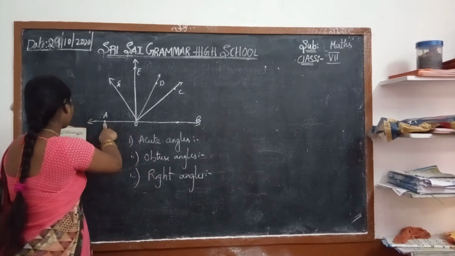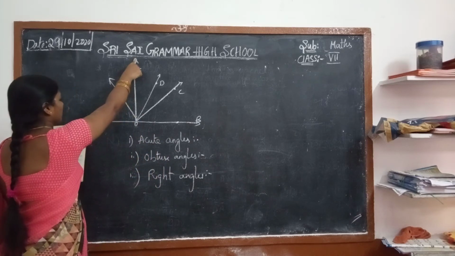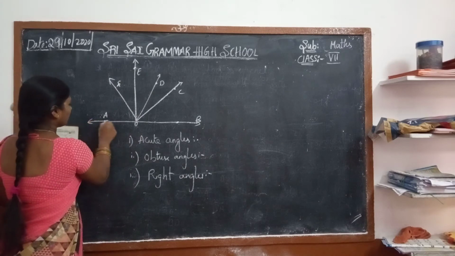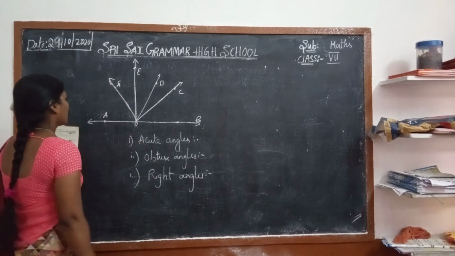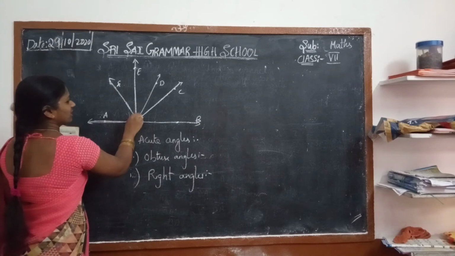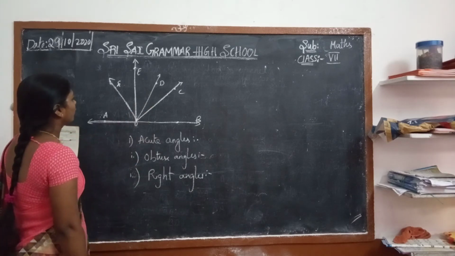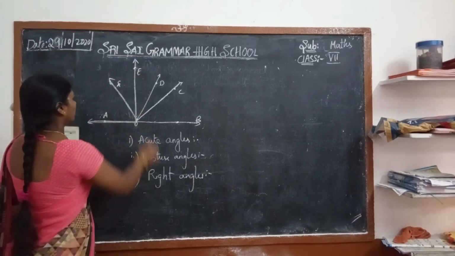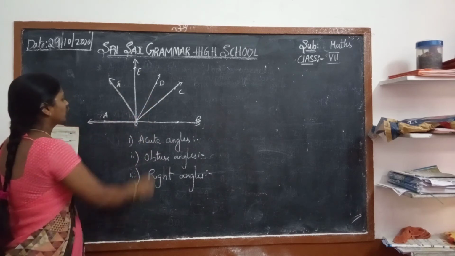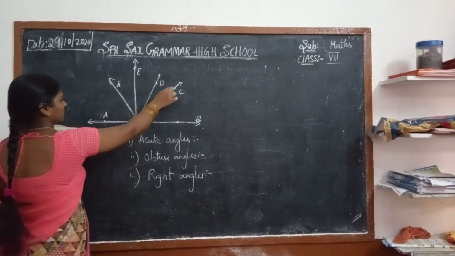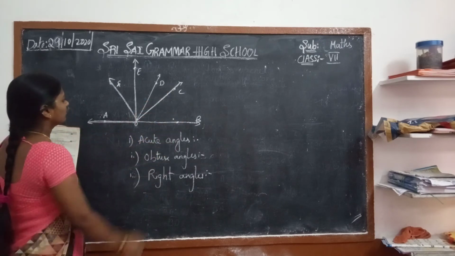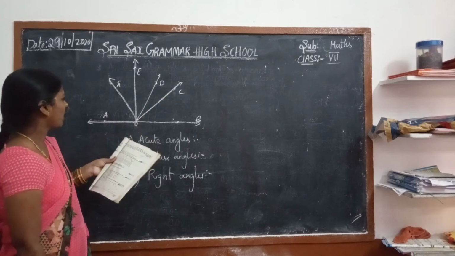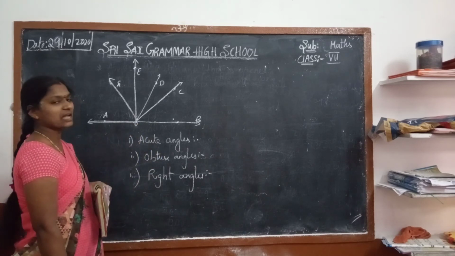A, O, E. A, O, F. F, O, E. E, O, D. And D, O, C. And C, O, B. And E, O, C. And P, O, D. And D, O, F. These are the acute angles.